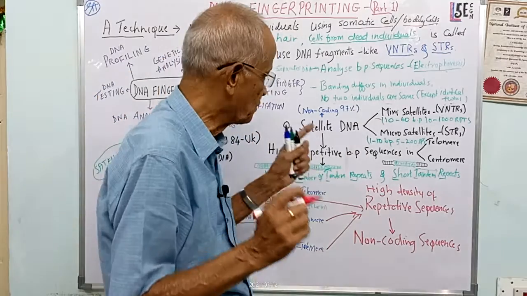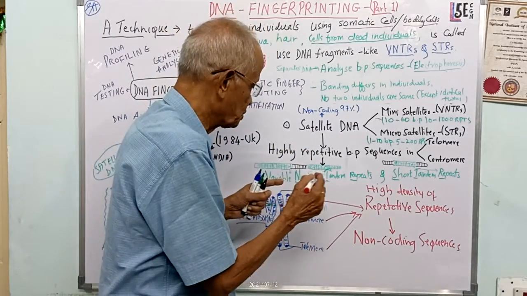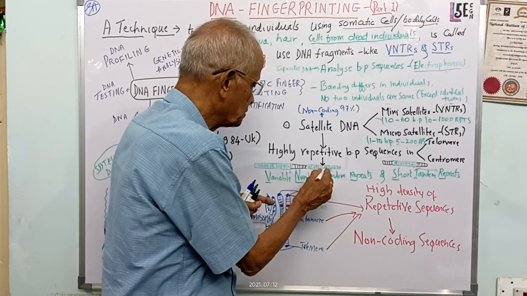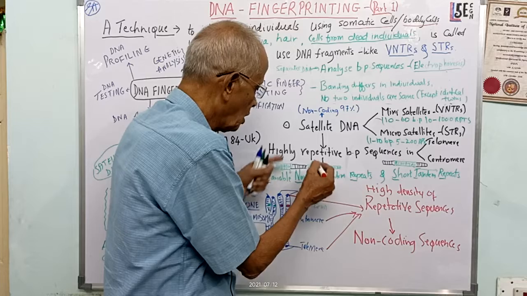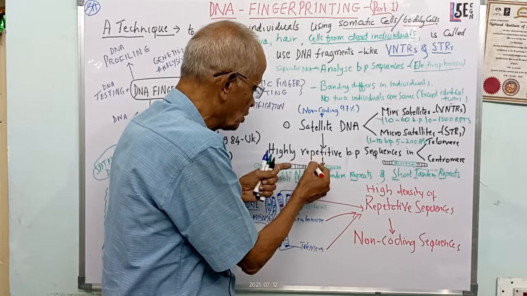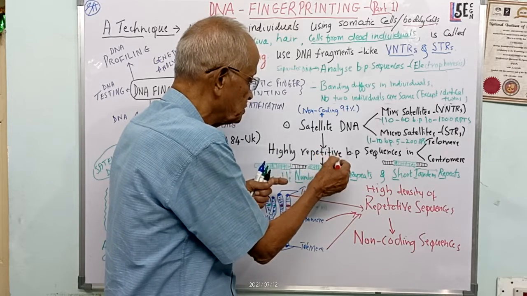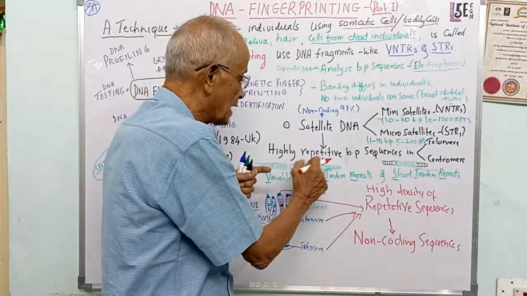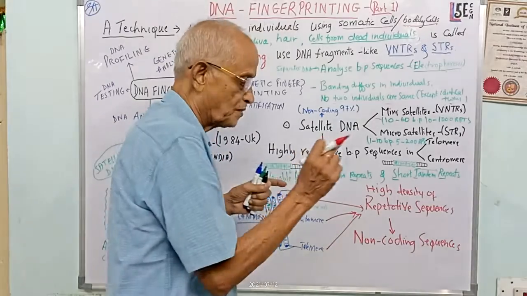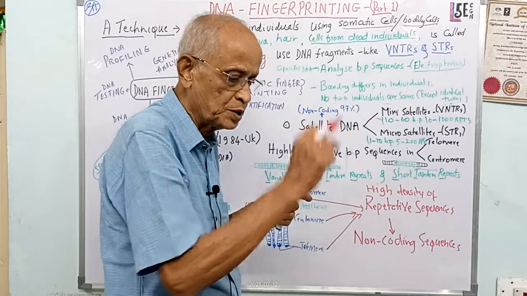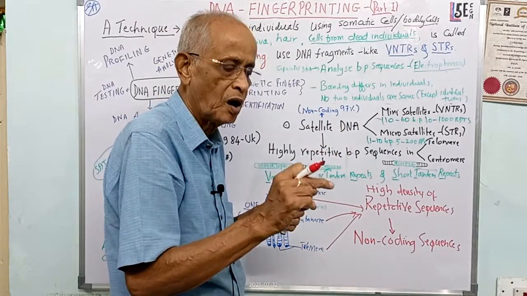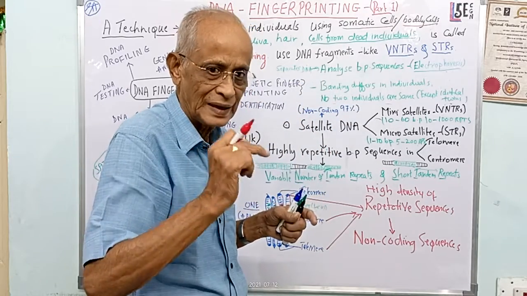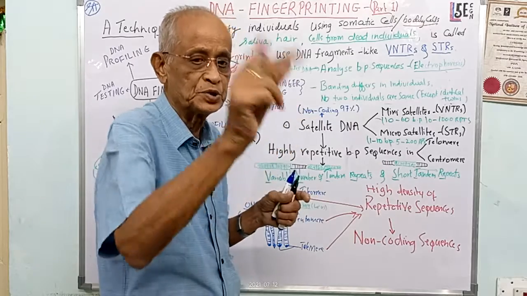For example, here I have shown you CG, CG, CG, CG, CG, and the corresponding will be GC, GC, GC, GC, GC, like that. That kind of repetition is called tandem, one after another. After C you get G, again you get C, again you get G, or you get AT and then again AT, again AT, like that. You will not get ATGC like that.